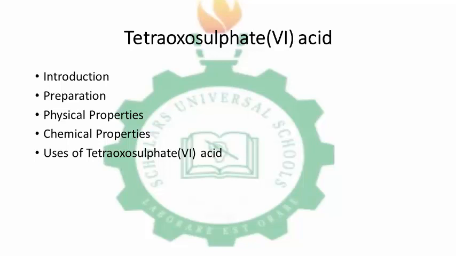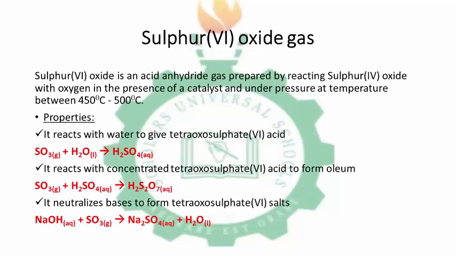But before we talk about tetraoxosulfate 6 acid, let's talk about sulfur 6 oxide gas, SO3. The SO3 is also an acid anhydride, just like the SO2. When SO2 dissolves in water, it produces H2SO3, that is hydrogen trioxosulfate 4 acid.